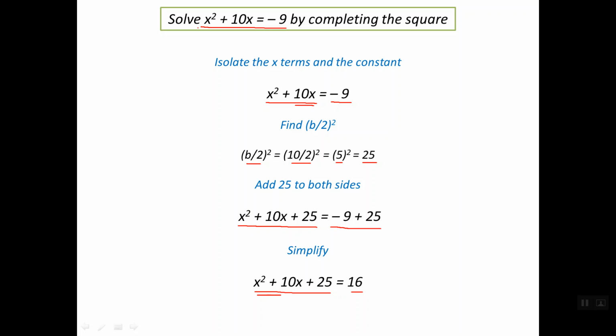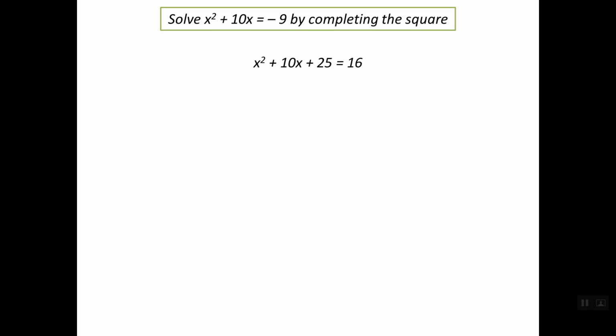You can conclude that the left side of the equation can be factored because it is a complete square. So the left side, x squared plus 10x plus 25, can be factored. We need to factor the square trinomial as a binomial square.